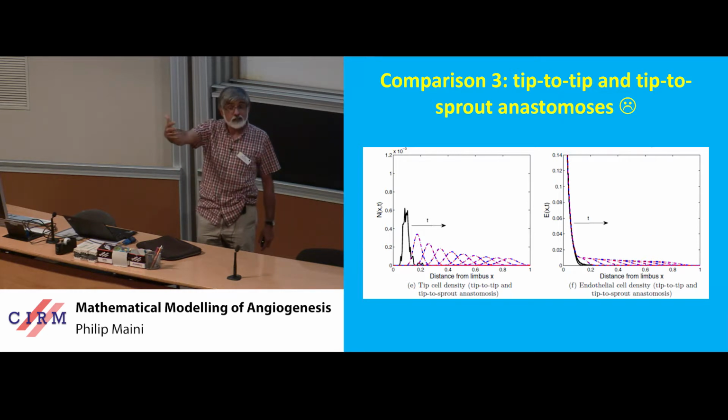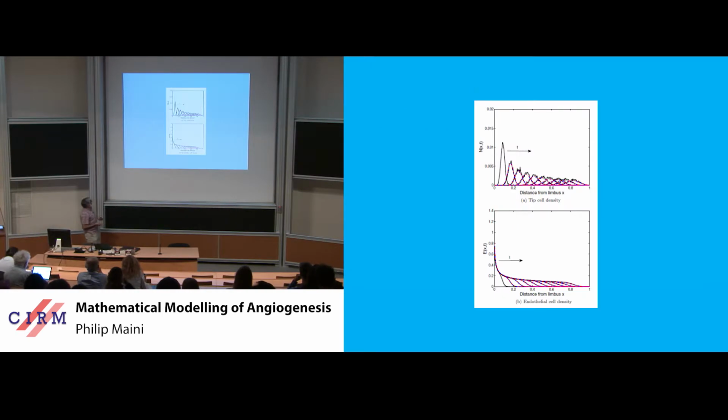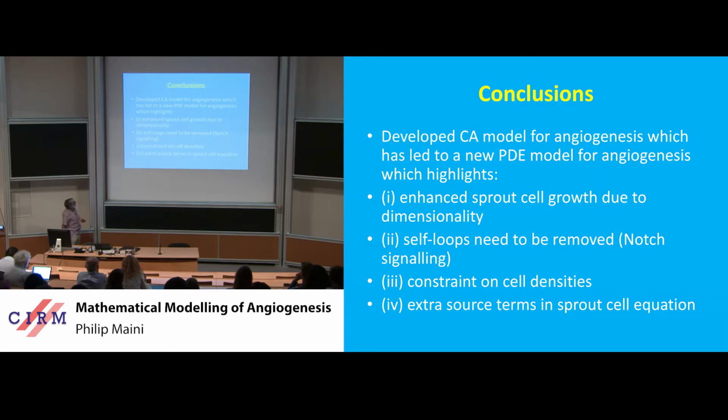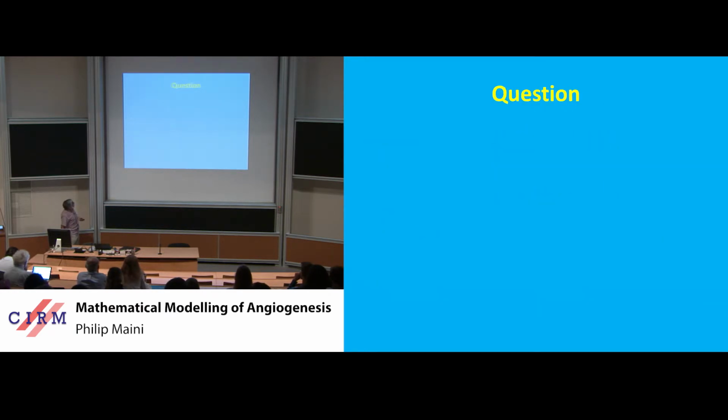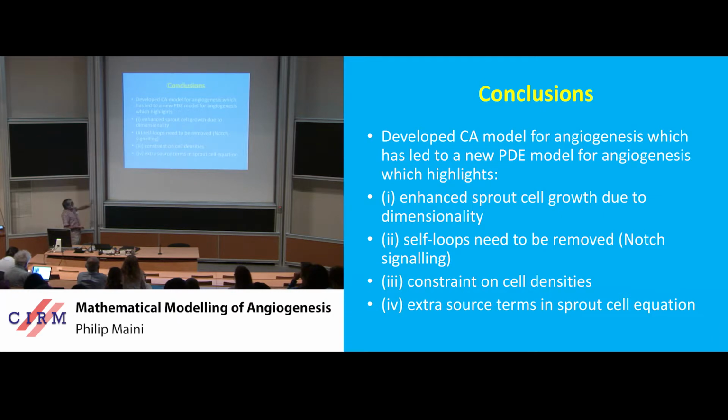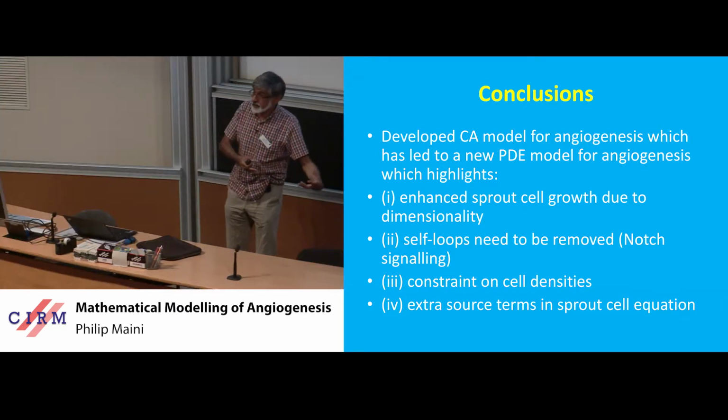Can we fit these models to the data? And yes, we can, and you can't tell the difference between them. Okay? So what we've done here is develop this sort of systematic model for doing the snail trail.